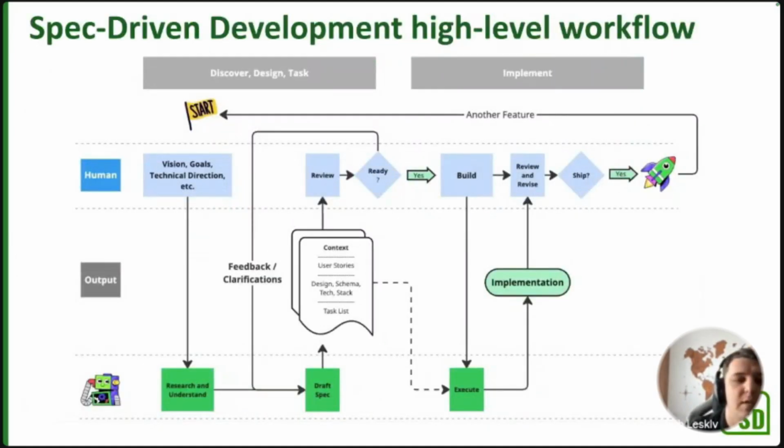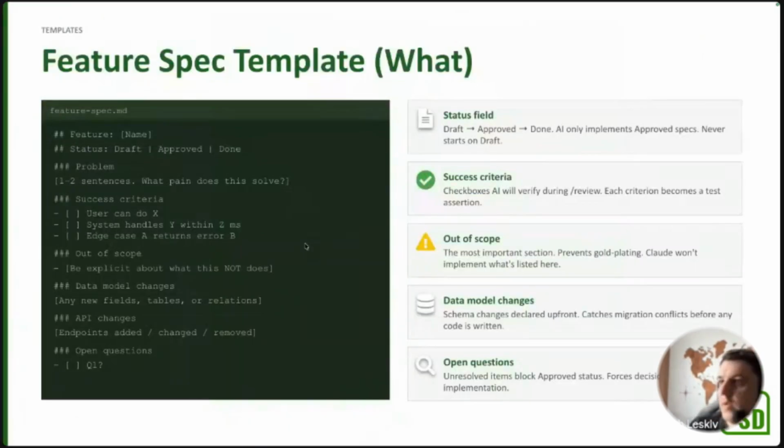This diagram shows the high-level flow, and in the center of it is, of course, the specification file. You share your vision and goals with the AI, create the specifications, then review. If it's ready, you begin to implement it, test it. If it's okay, you ship and go to another feature.